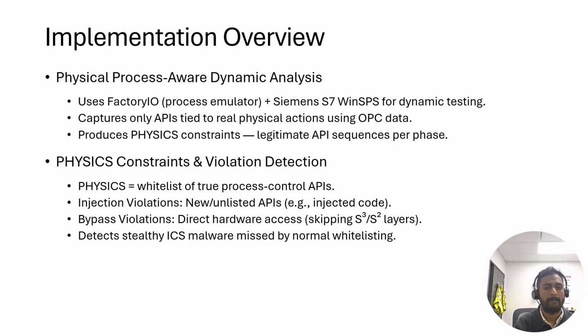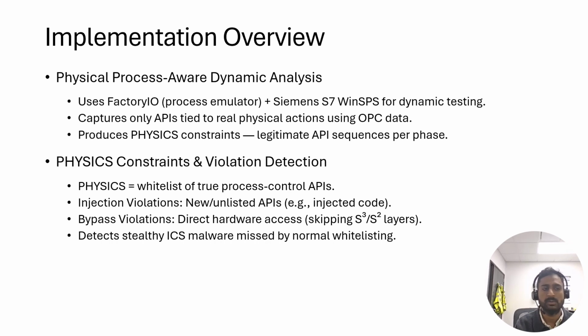And right, physics constraints, these are these whitelisted legitimate API calls. They make detection process aware. They're able to detect injection violations, that is when new unlisted APIs are injected, and then bypass violations.